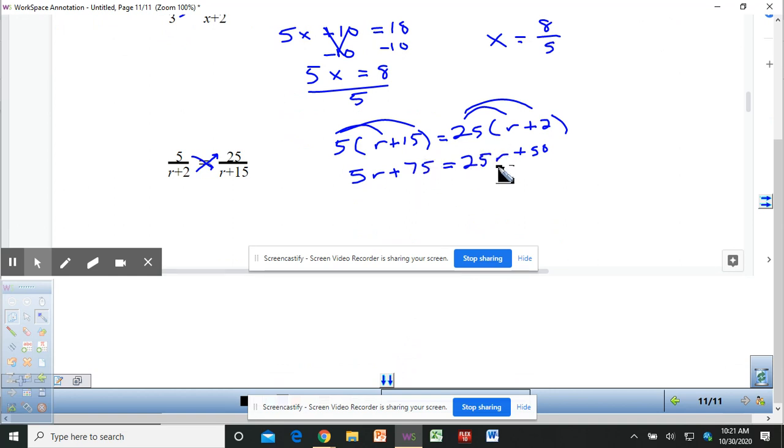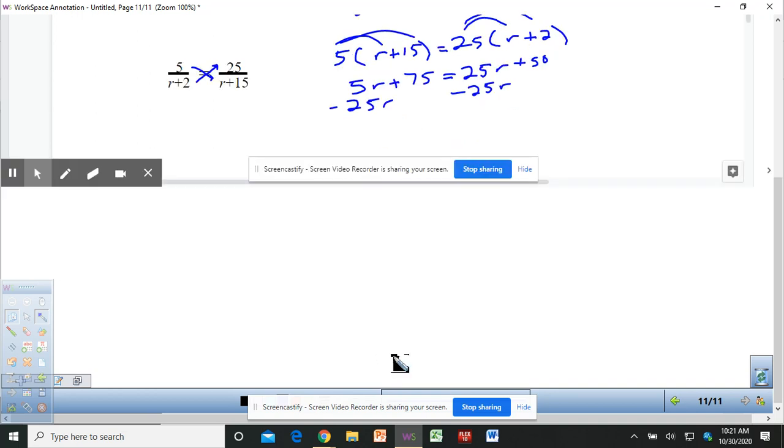So we don't want this 25r on the right side. We always want variables on the left. So I'm going to do the opposite. It was a positive, so I'm going to put a negative on both sides, which gives me negative 20r plus 75 equals 50.